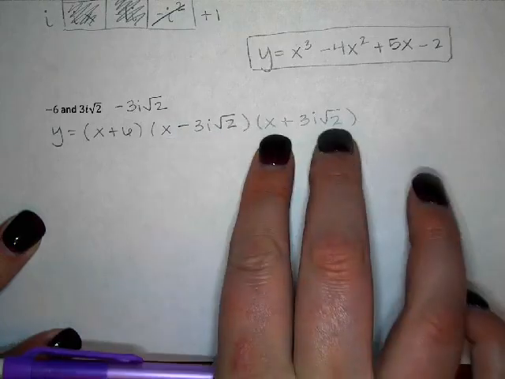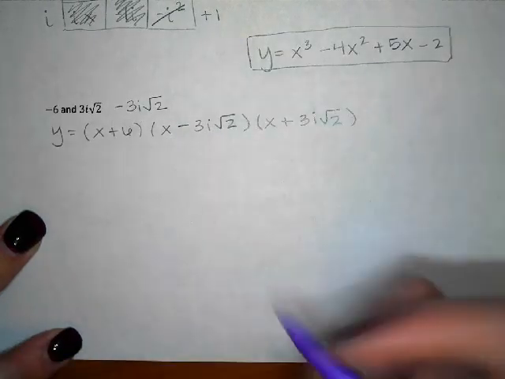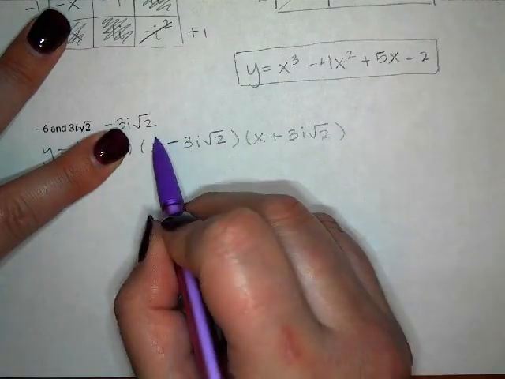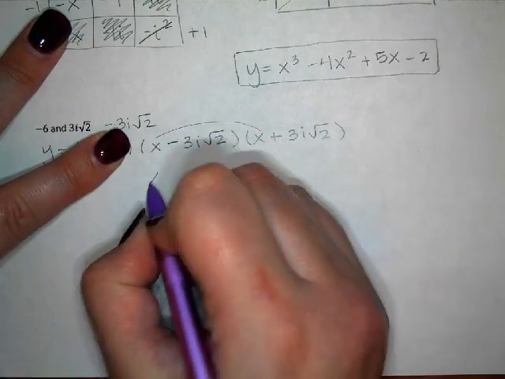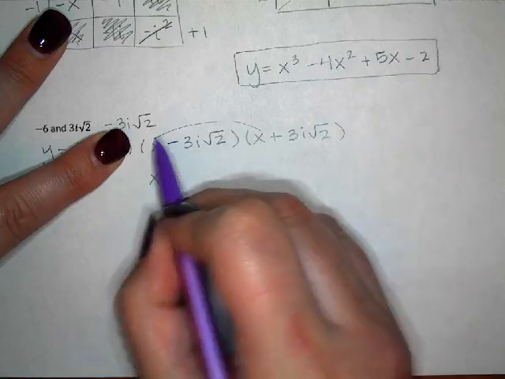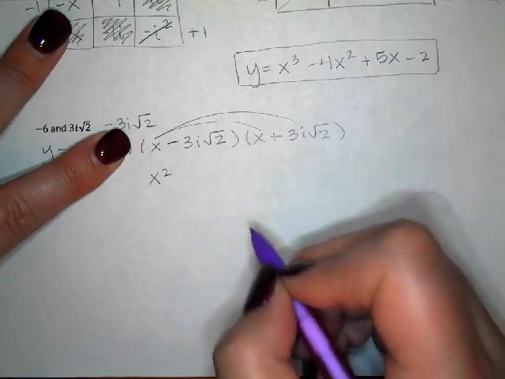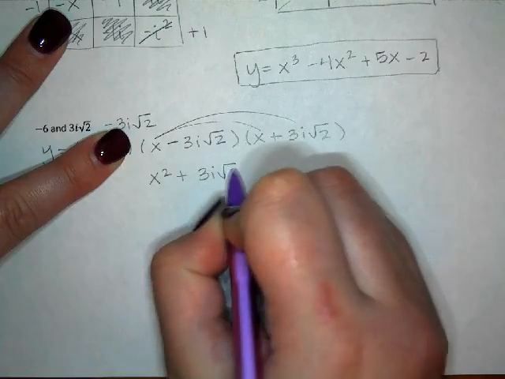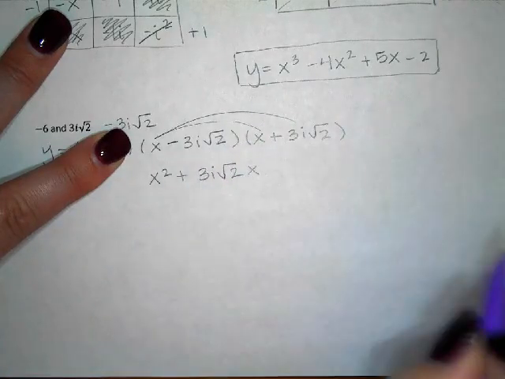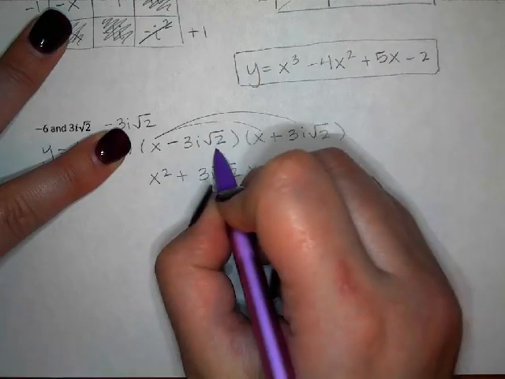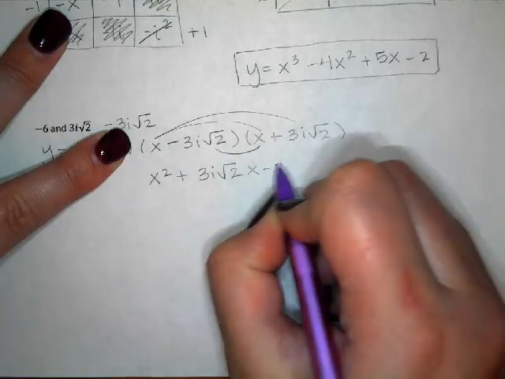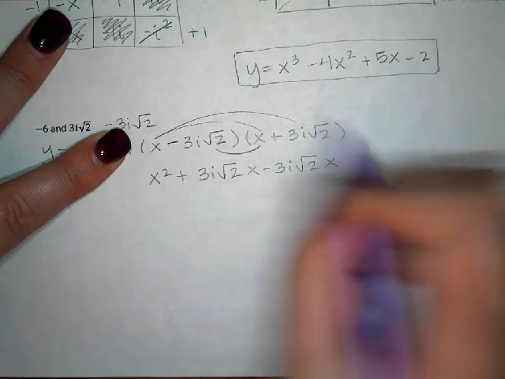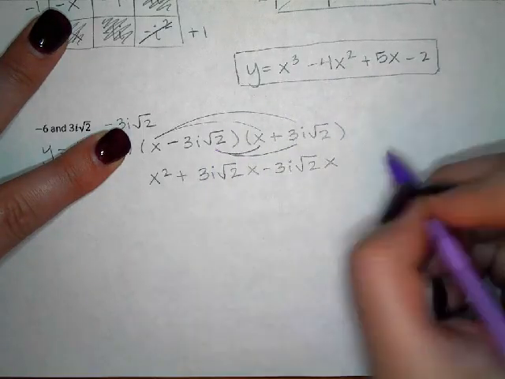x times x is x squared. x times positive 3i root 2. So that's 3i root 2 x, which is ugly, but don't worry, it will disappear. Then I have negative 3i root 2 times x. And then I have negative 3i root 2 times positive 3i root 2.